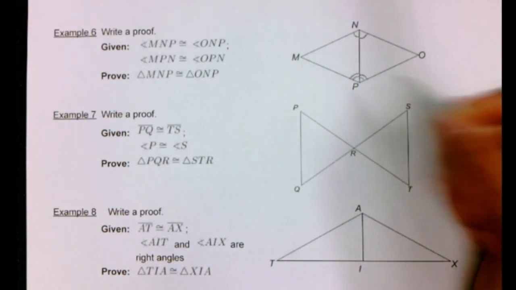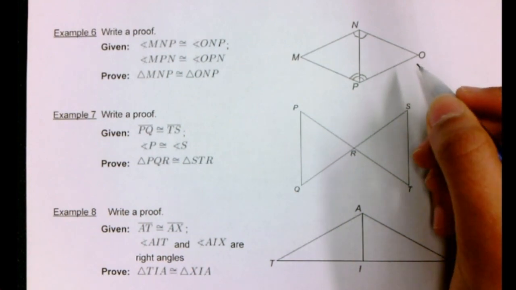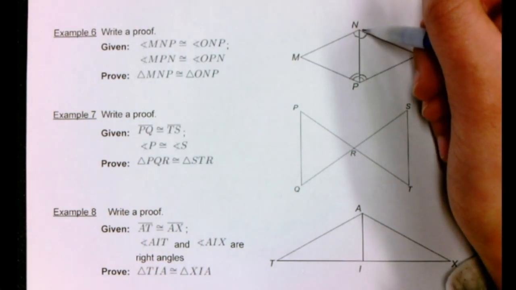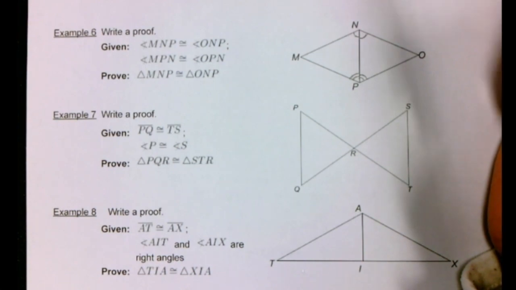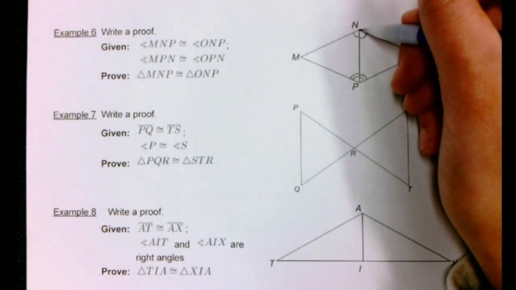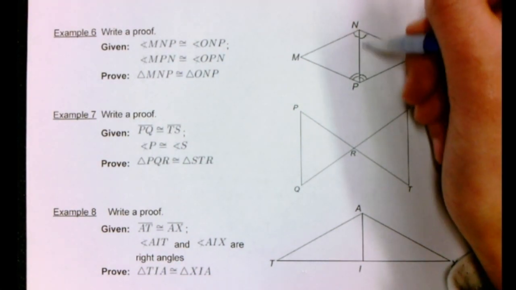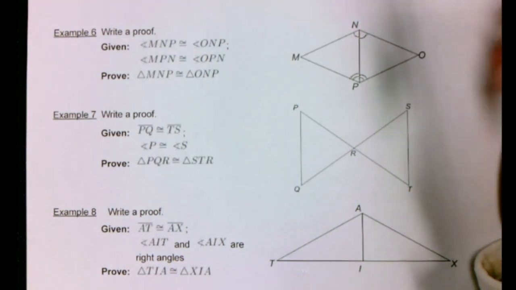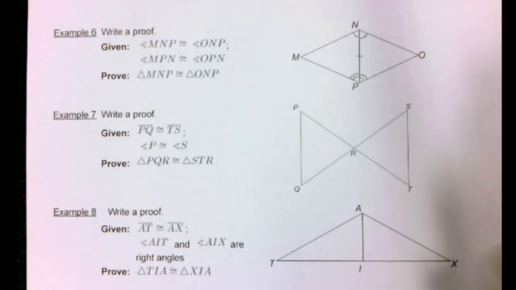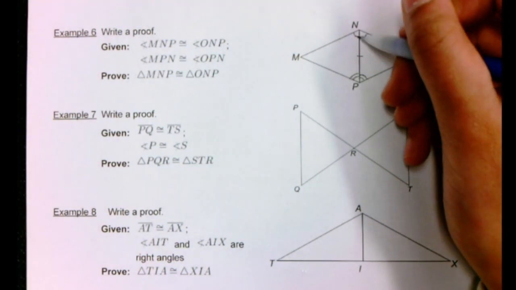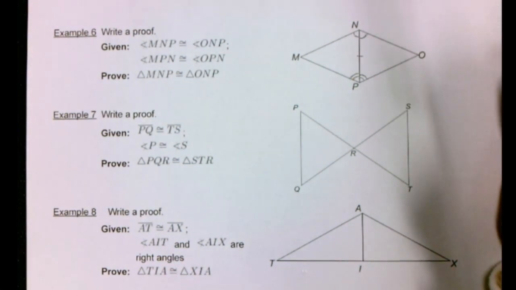In order to prove these two triangles congruent, we need to show that side NP is congruent to NP, and we do that using the reflexive property. Once we know this, we can use the ASA, angle-side-angle, theorem.